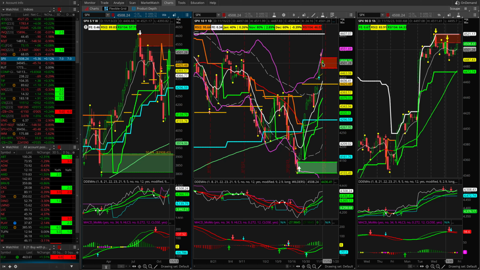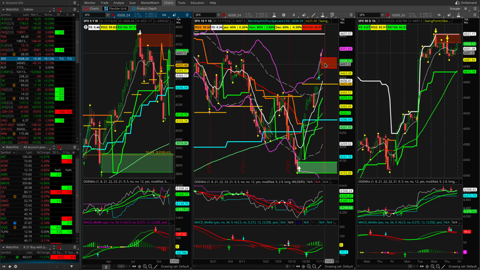This particular system that I have here draws potential support and resistance zones, supply up here, demand down here.